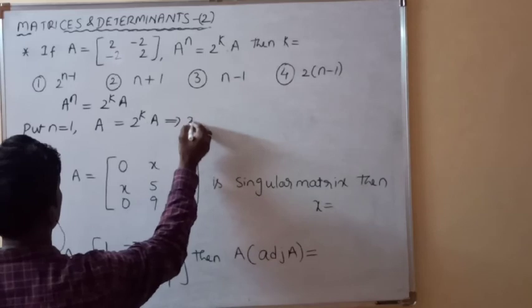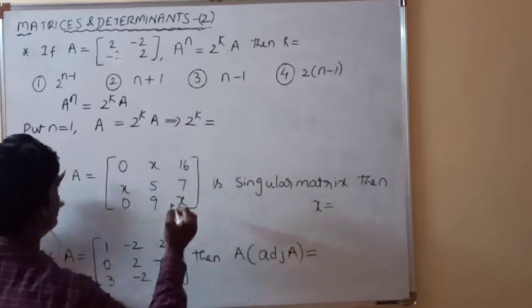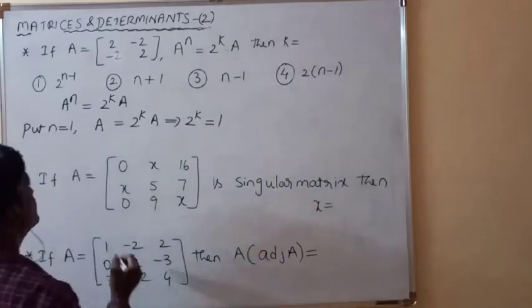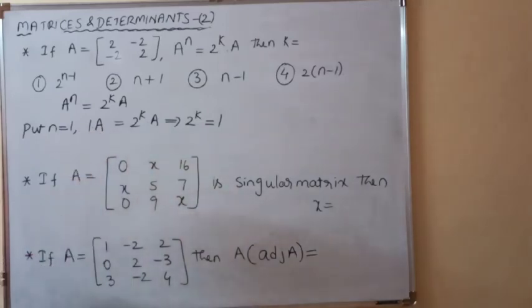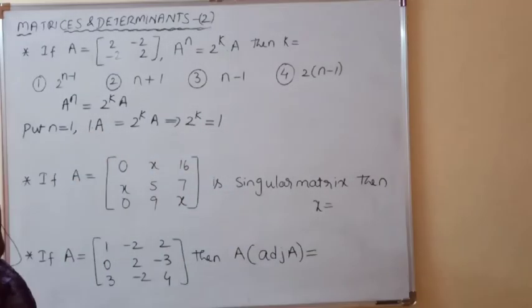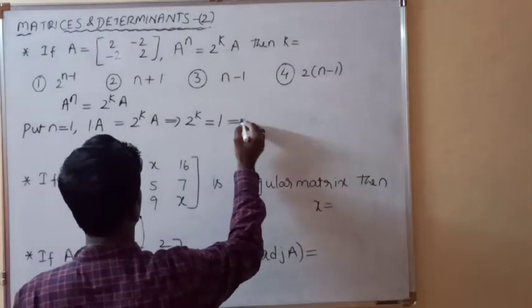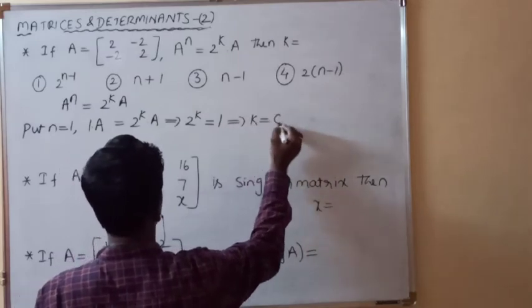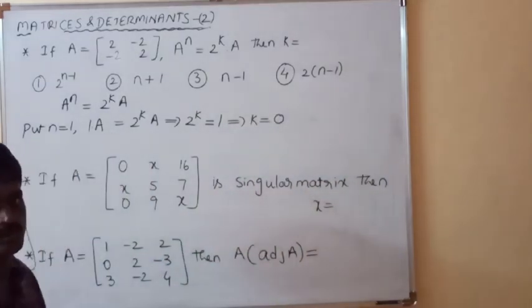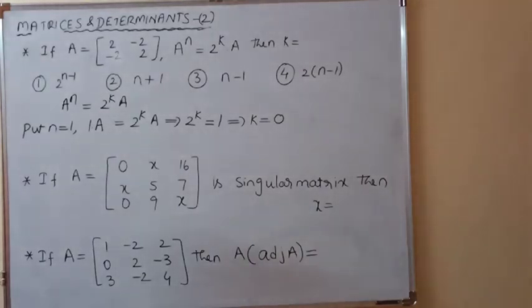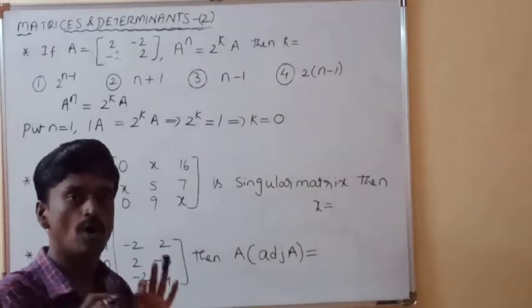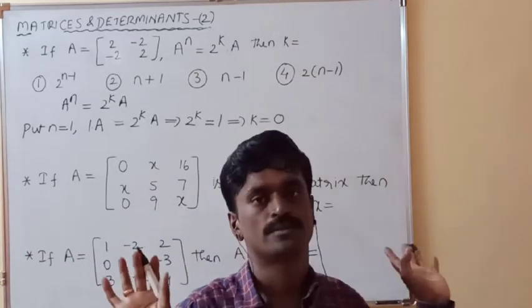That means 2 power k value must be equal to what? 1. Because this A can be written as 1 into A. So 2 power k value is 1. 2 power k value 1 means the k value must be equal to what? 0. Because 2 power 0 is 1 only. Now you put n value 1 in the options. The option which gives 0, that is the answer.